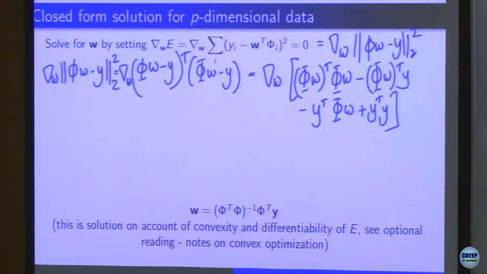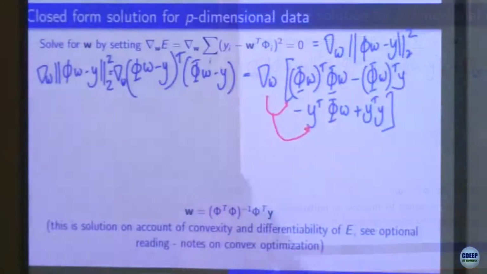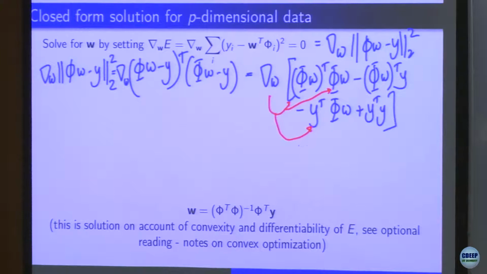Now, what do you know about partial derivatives of sums? The partial derivative of a sum is the sum of the partial derivatives. So I could do the same thing with the gradient. I'll distribute the gradient across all these four components.